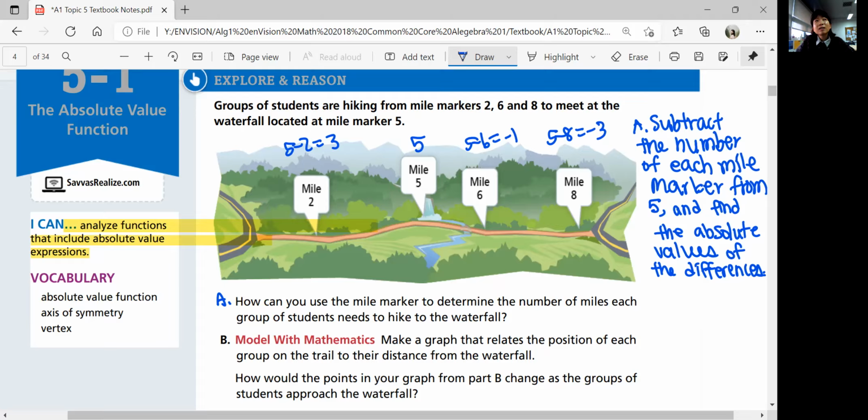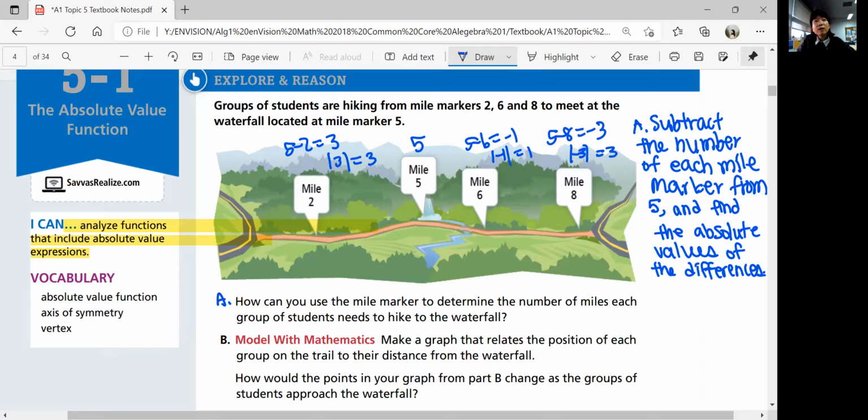In distance, you always have positive numbers. So in this case, we're going to find the absolute values of the differences. +3 is already +3, so the absolute value of +3 is 3. Absolute value means you just make everything positive, right? So the absolute value of -3 would be 3, and so on.